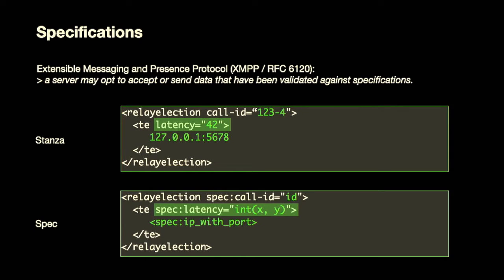In the example here, the spec for latency indicates the attribute should be an integer between range X and Y. And such specification is critical to FOSTA not only because of realism, but actually, according to the RFC, a server may validate the client's data structure. Any malformatted ones may be rejected by the server. This will lead to missing coverage for FOSTA.